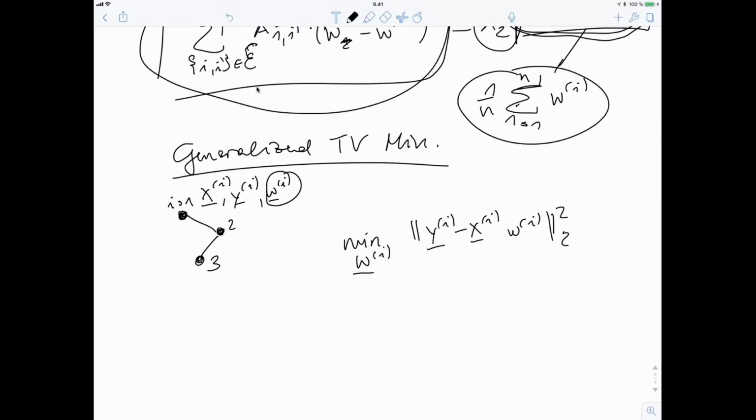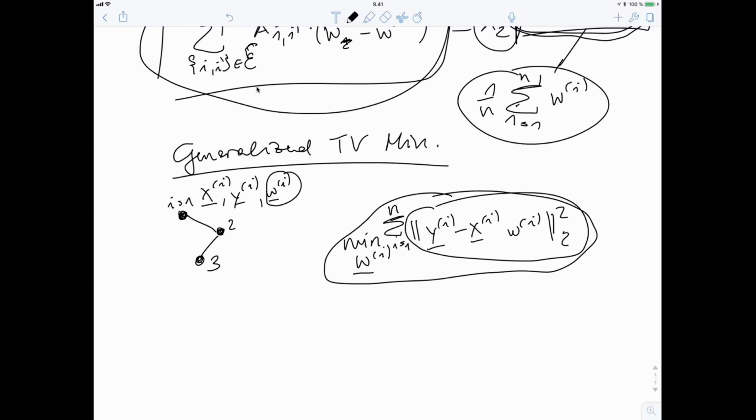And we can do this for all w's in parallel. So this decouples. So we could also minimize the sum over all nodes. And this would decouple. If we want to minimize this sum over the individual local parameters, then we just individually minimize these terms, and then the sum will also be minimal. So there would be no coupling.